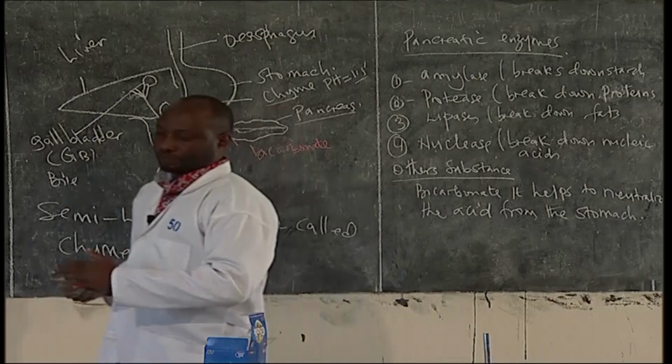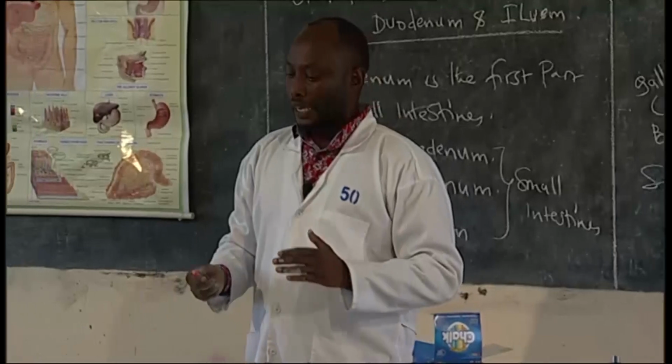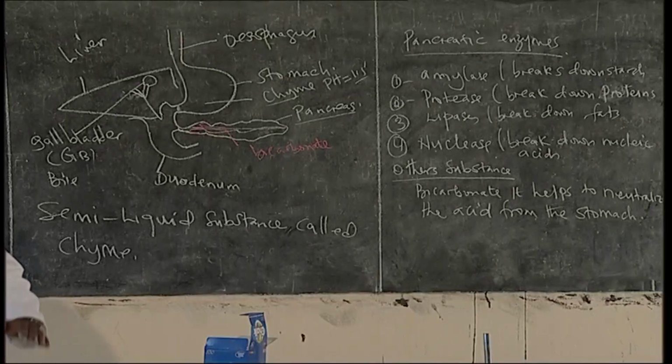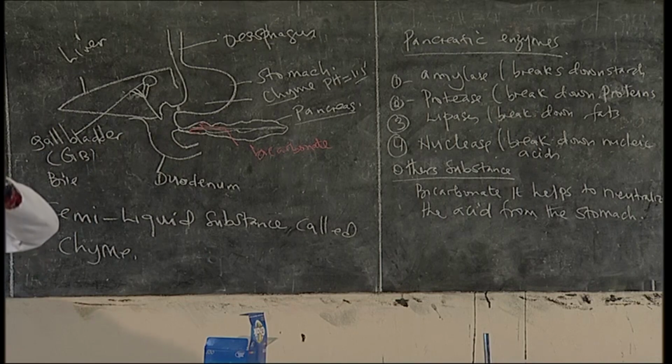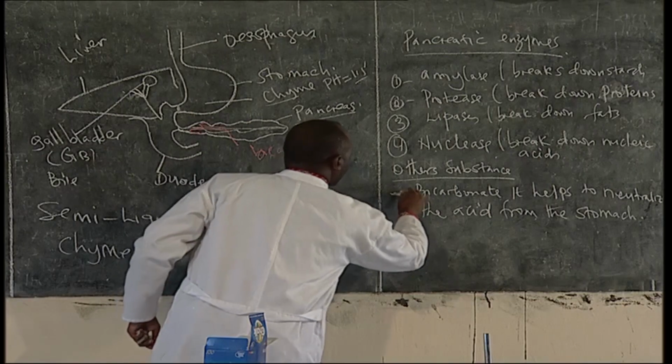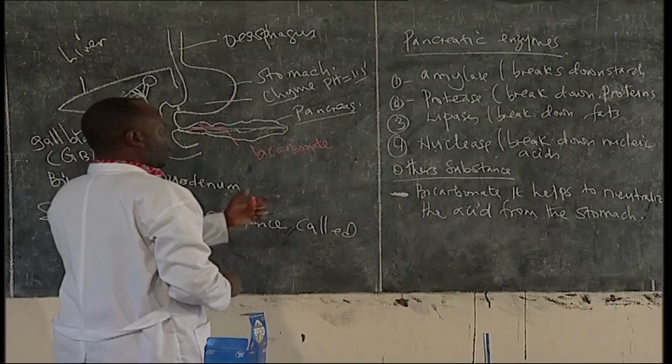The environment in the duodenum is alkaline, so the acid has to be neutralized by the bicarbonate released by the pancreas. Bicarbonate is very important in neutralizing the acid from the stomach.